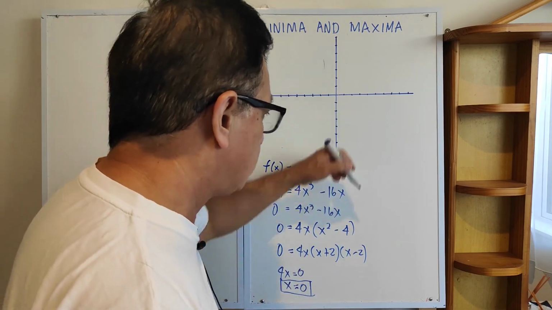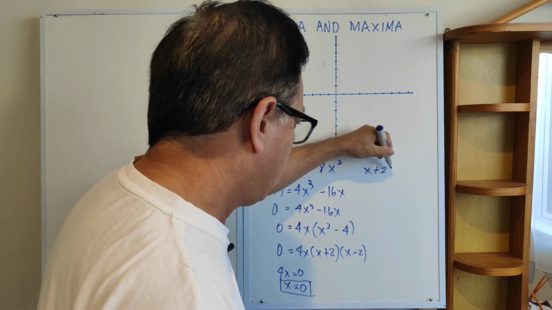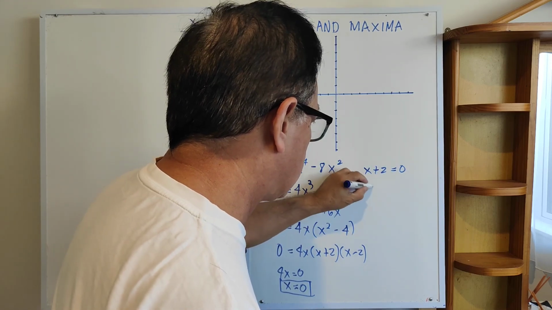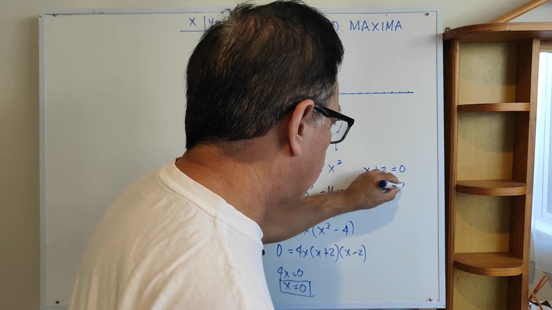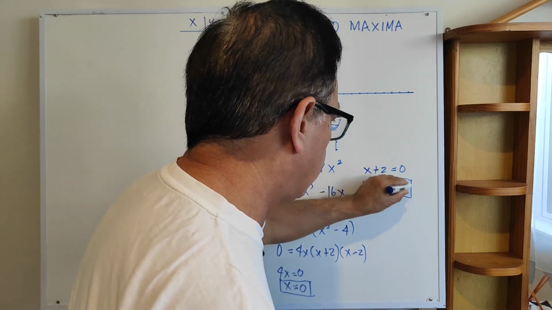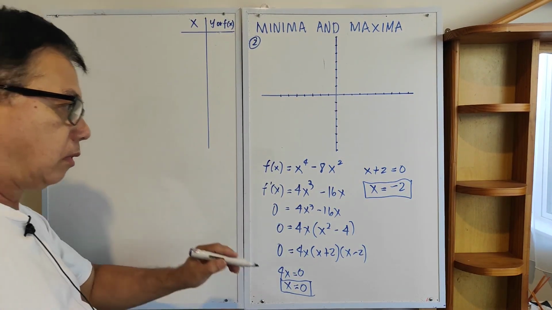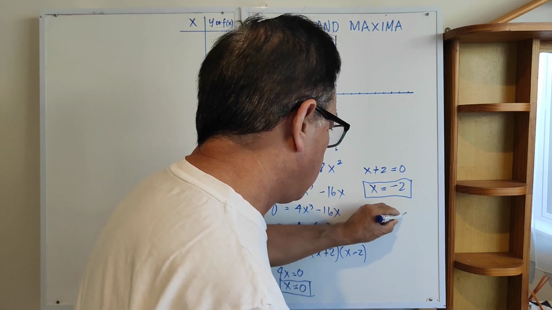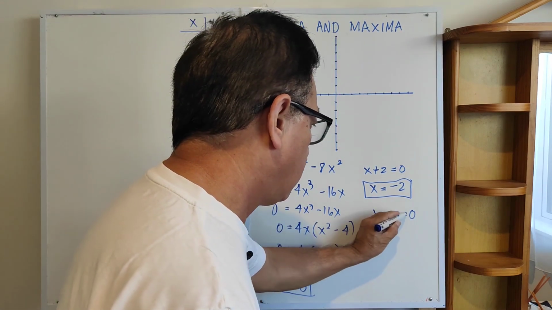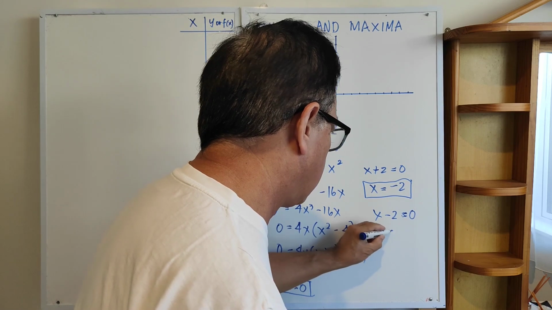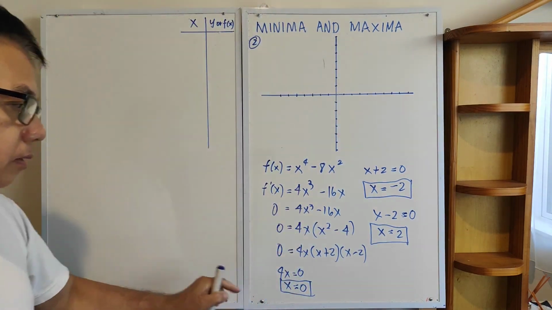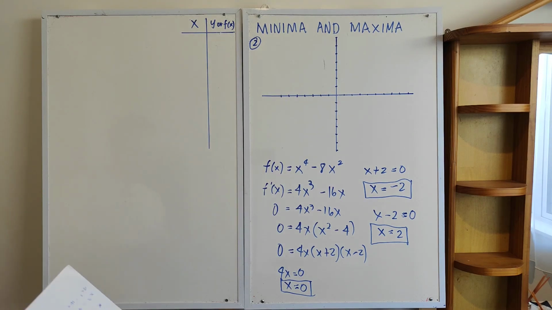If you equate x plus 2 equal to 0, so transpose 2 into the other side, x is equal to negative 2. This is the second critical value. Could be a maxima or minima. And then the third one, x minus 2 is equal to 0. x is equal to 2. So this is your third value. So these are all critical values. So it could be either minima or maxima.